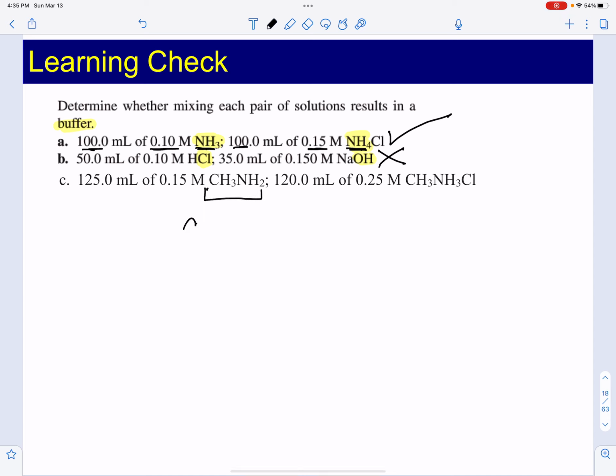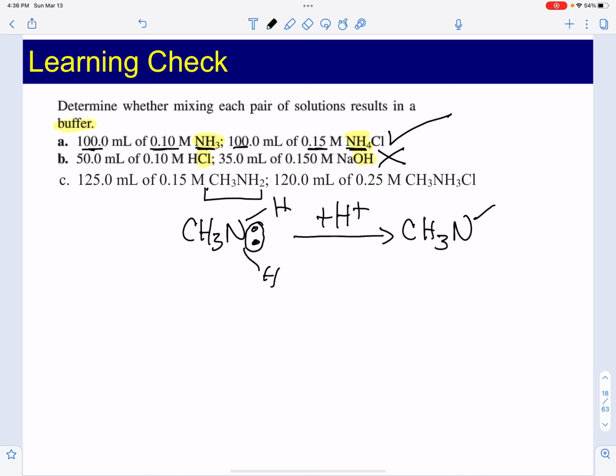Why? Because if you do the Lewis structure for this, you're going to come up with something like this. And that lone pair can behave like a Lewis base. You can donate that lone pair as a Lewis base. And if you do that, a Lewis base will accept a proton, giving you its conjugate acid.